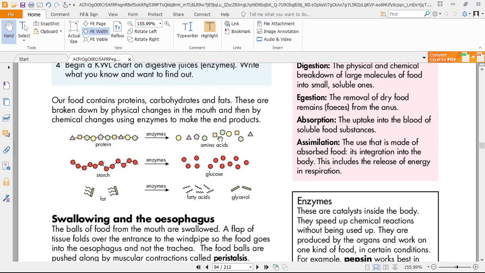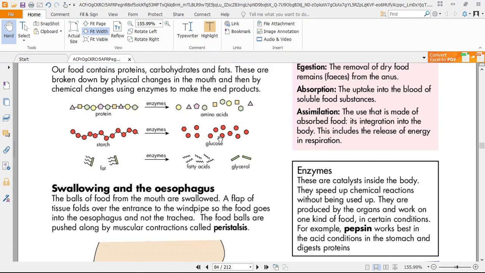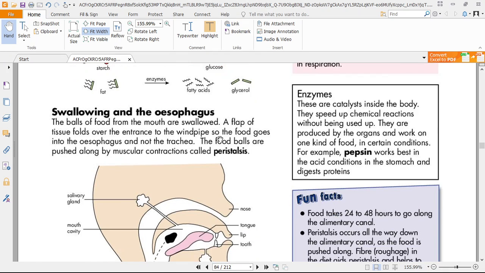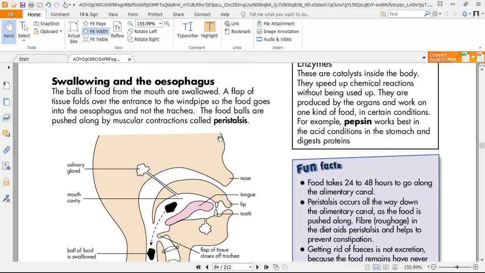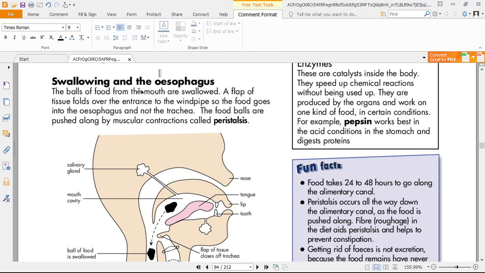Now we're talking about swallowing. Let's back up a bit and include another physical process, right? It's not really digestion, but it aids in digestion. Now remember that I had said some time ago that this word can also be spelled oesophagus, esophagus.